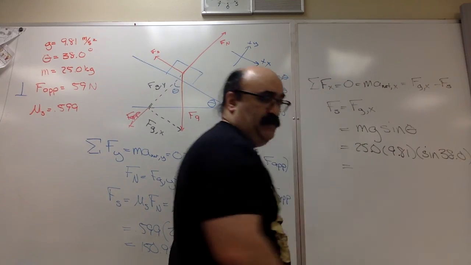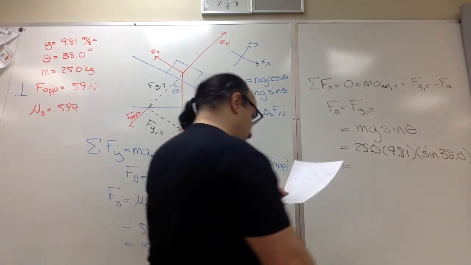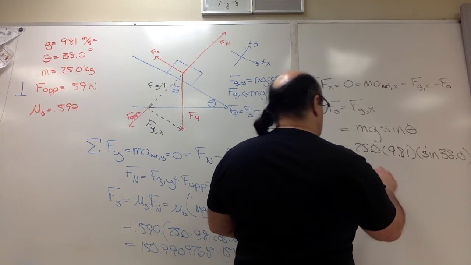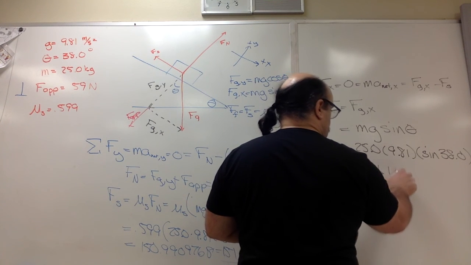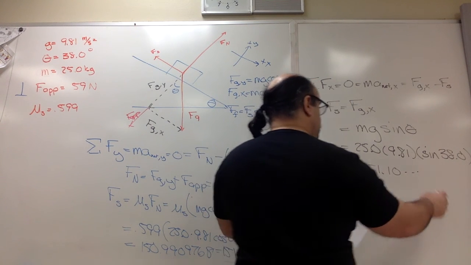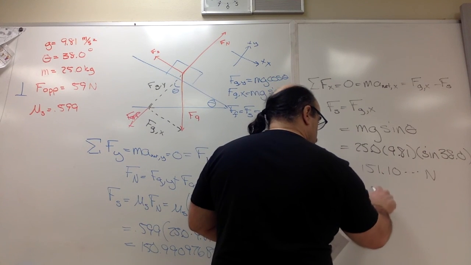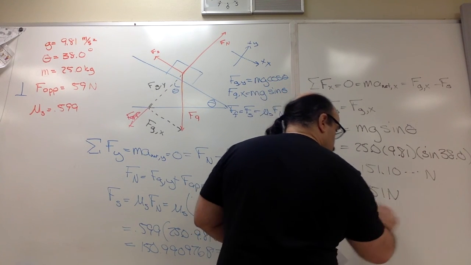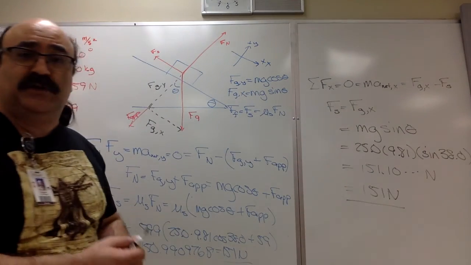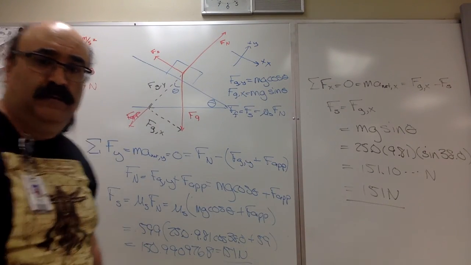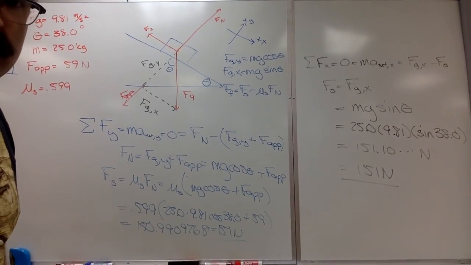If you multiply all of those numbers together, we get 151.10, and I guess I didn't write the rest of them down, newtons. This one is good to 3 sig figs. So 151 newtons, our 2 answers agree, which they should.